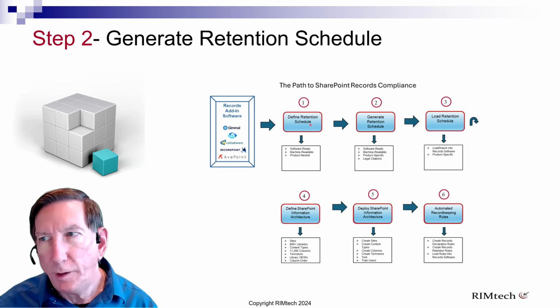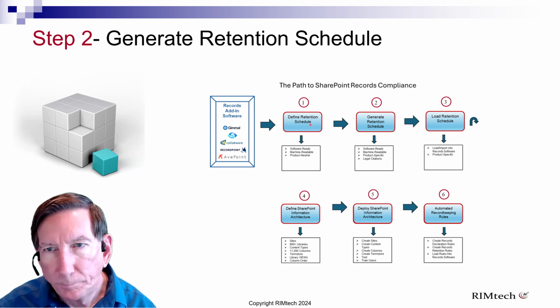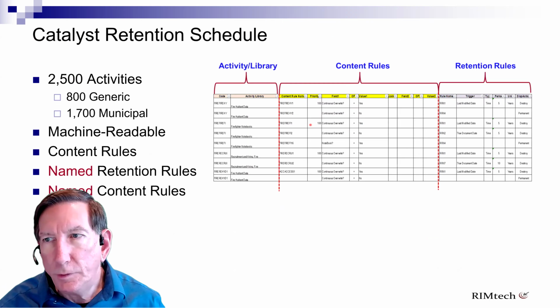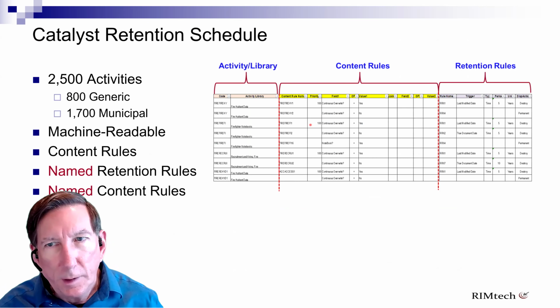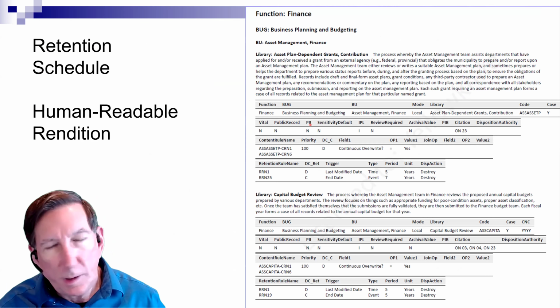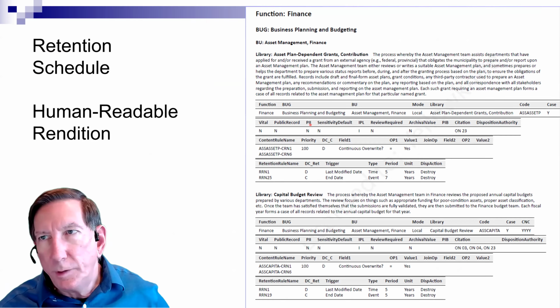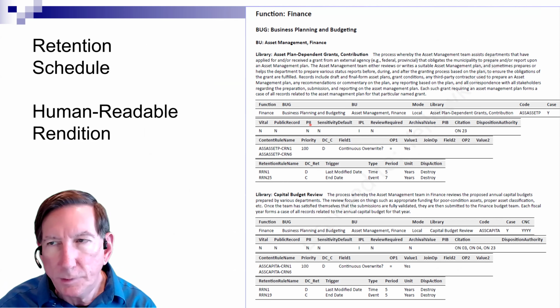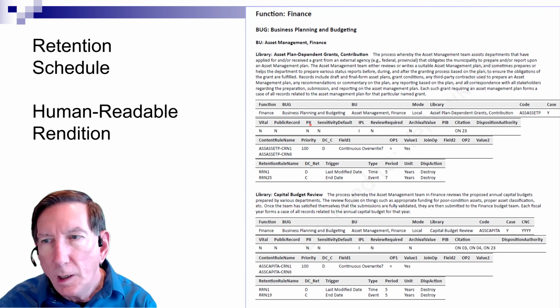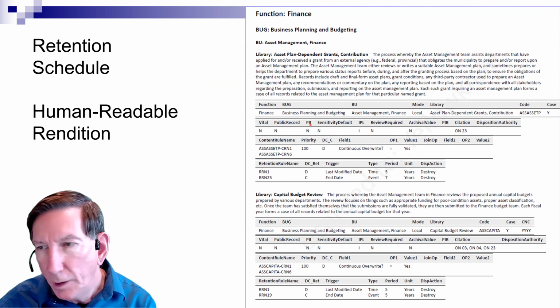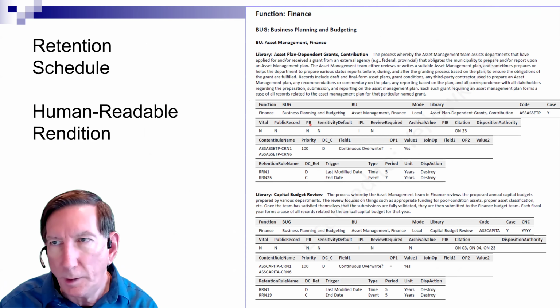Now we're going to have to generate it. Step 2. What does it look like? Well, you've seen what it looks like when you define it. It's a spreadsheet. But when it's finished, it's not a spreadsheet because it's machine readable. So this is a human readable rendition of your retention schedule. So if you want to look at it, pass it around, get it approved, review, have your legal department check on it, this is what it looks like.